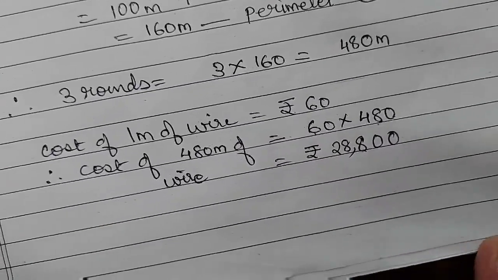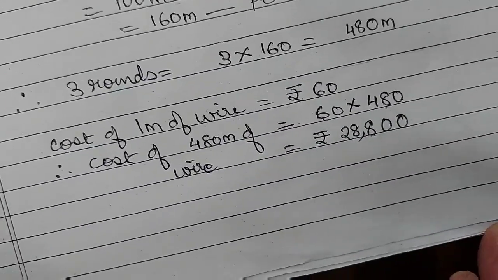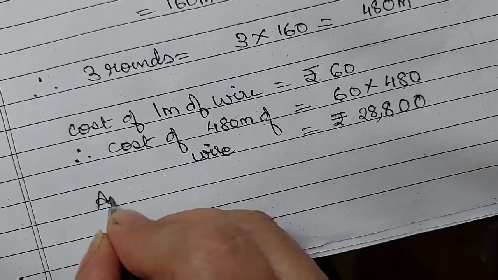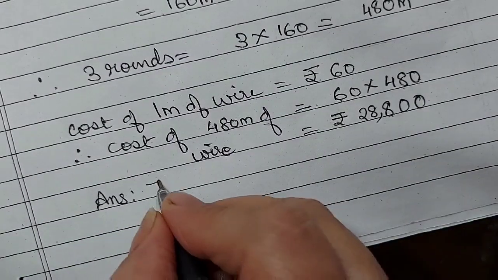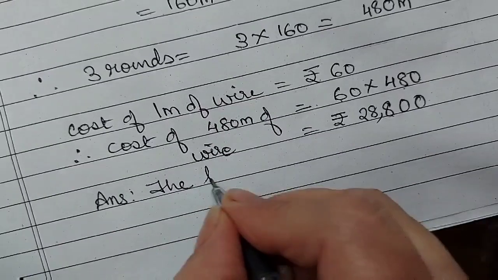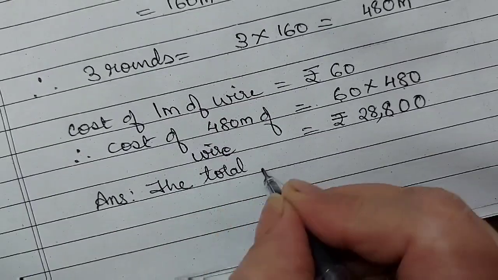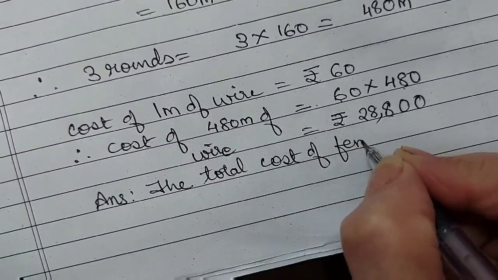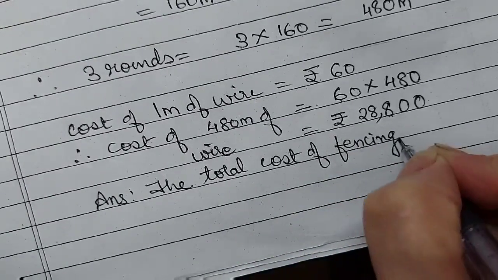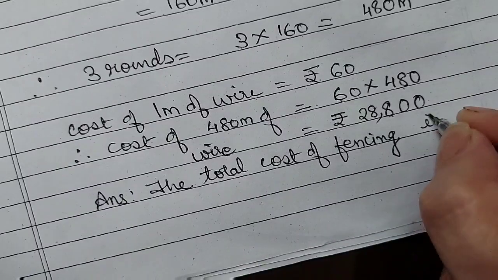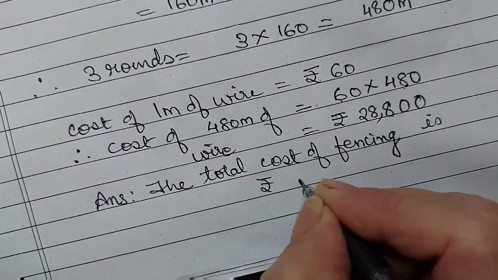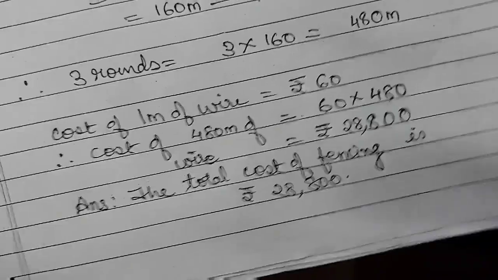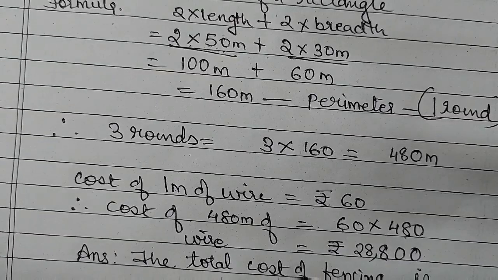Right? So the answer is 28,800. So we can write here final answer. Answer, the total cost of fencing is rupees 28,800.